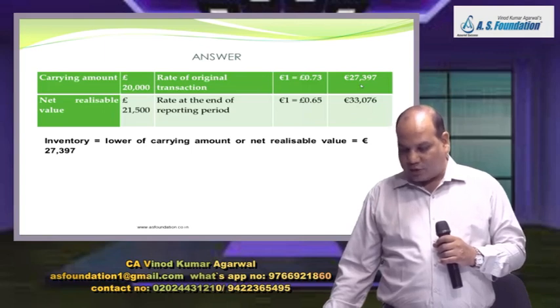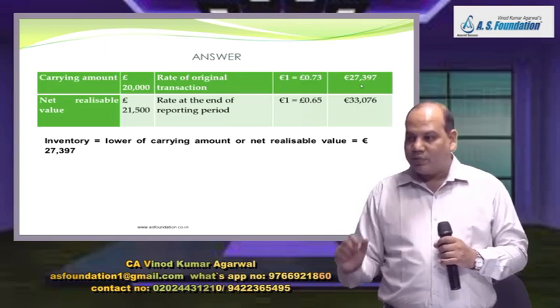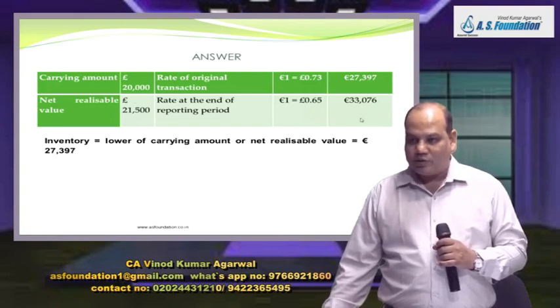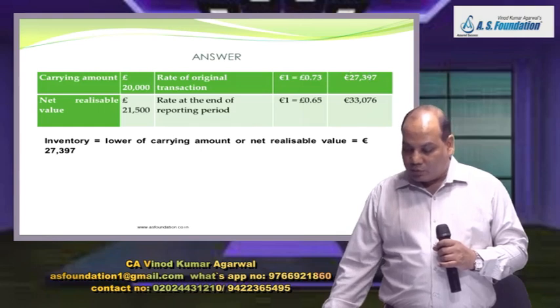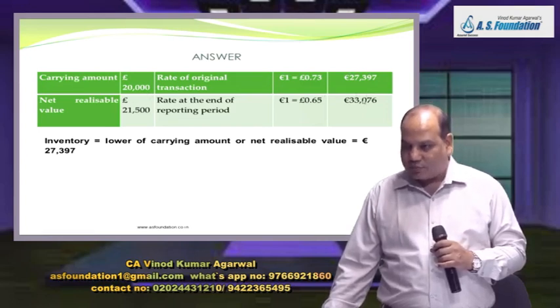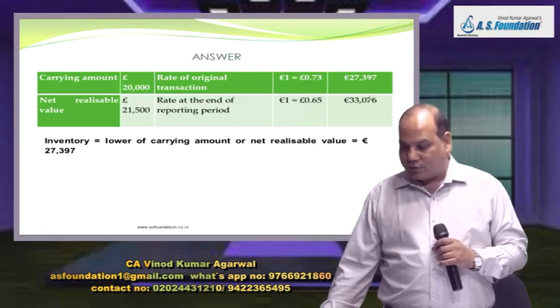So we'll take 27,397. But sometimes it happens that after conversion, the situation may change. We will have to compare the figures after conversion. In case the result is opposite, you have to take this column for the final answer. So the answer is 27,397 euro.